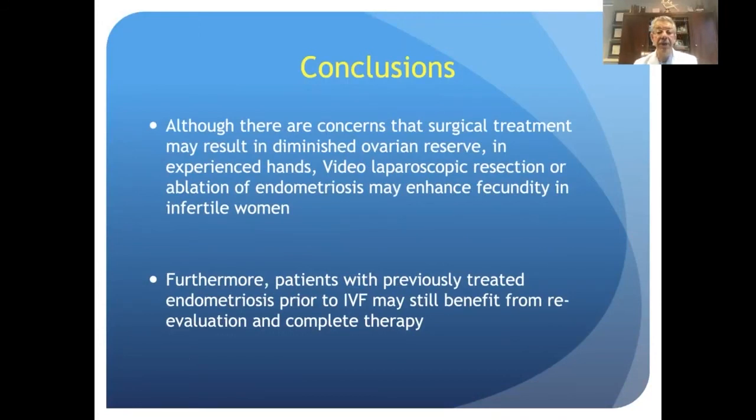So to summarize, definitely there are concerns that surgical treatment may result in decreased function of the ovary. There are now some data coming up that suggest egg retrieval, egg freezing, before approaching the ovarian cystectomy.